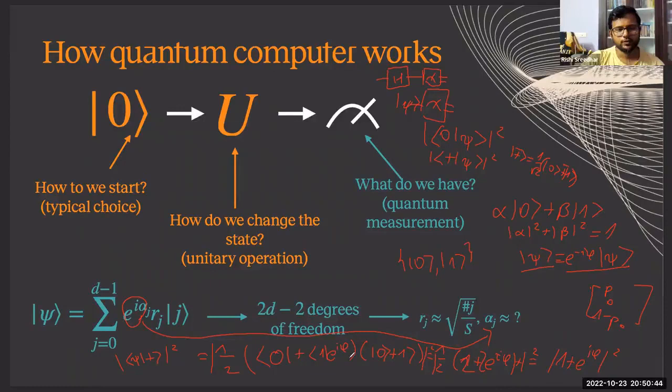I see, so you're using a controlled operation. It's not controlled. You just apply the Hadamard gate on this. Okay, thanks. If you remove all the math, the main message is that if you measure in the Z basis, the usual 0, 1 basis, then you can get the amplitudes.